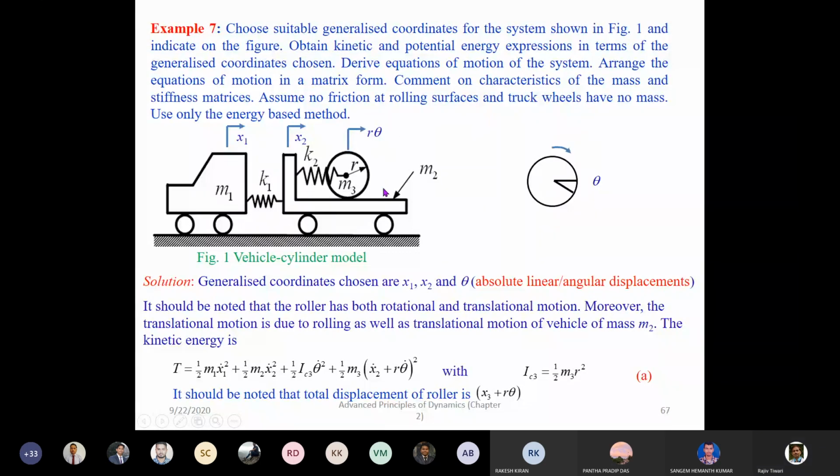So this is a 3 degree of freedom system in which x1, x2, and theta are the generalized coordinates. R is constant, and the mass of the cylinder is m3. R is given, so we can obtain the polar moment of inertia separately, no problem. Since there are 3 generalized coordinates, we expect 3 equations of motion.